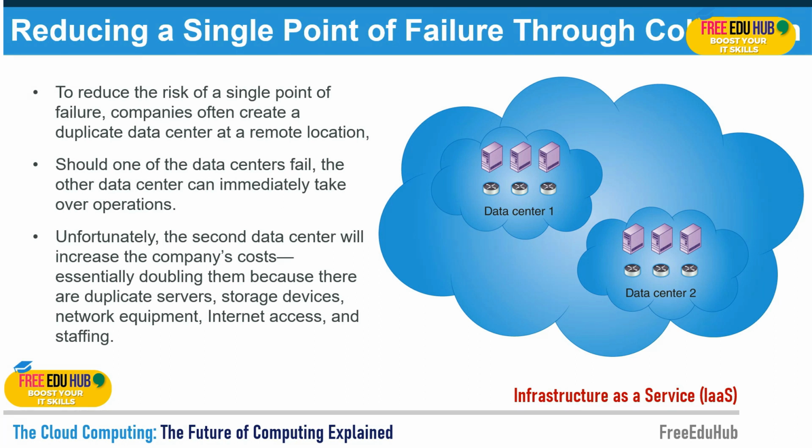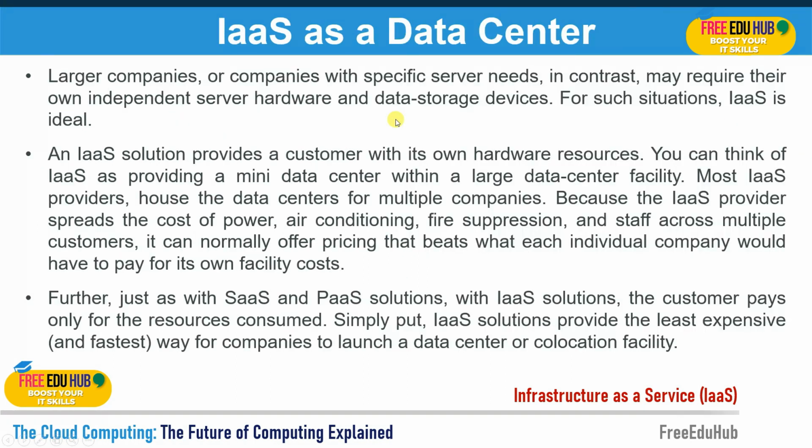When we are signing up for infrastructure as a service in the cloud, it asks us for a primary location, which could be in your area, and a remote location, which could be anywhere else in the world, so that if anything goes wrong in one geographical region, you'll still be able to run your operations from the second geographical location.